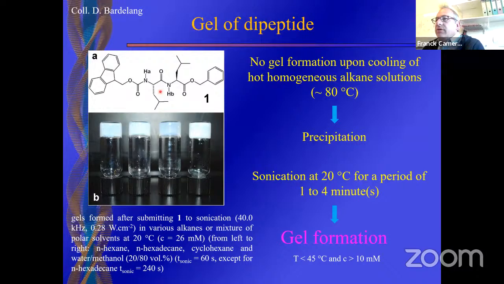If you take the compound directly as a powder, you heat the solution and you cool, but you don't have formation of gels. You have a precipitation. The way to obtain gels here is to use sonication. If you sonicate this compound in solution for a period of 1 to 4 minutes, you have gel formation.